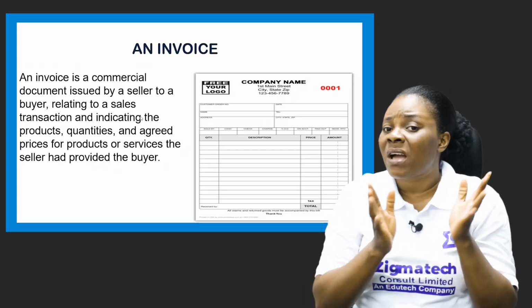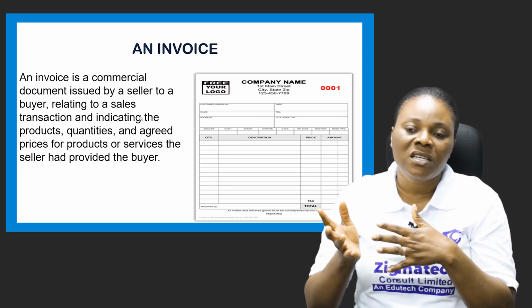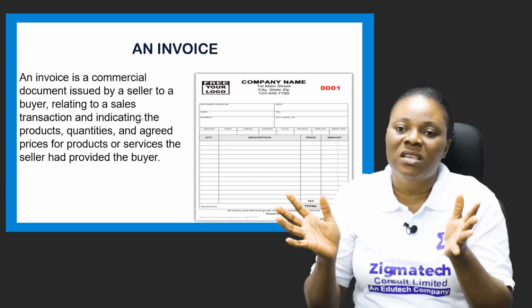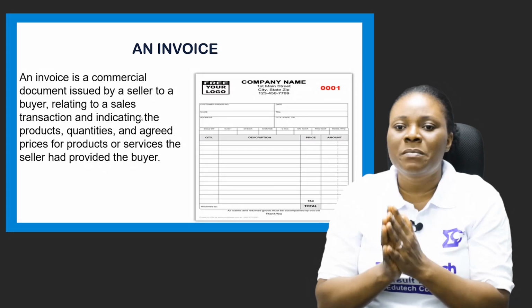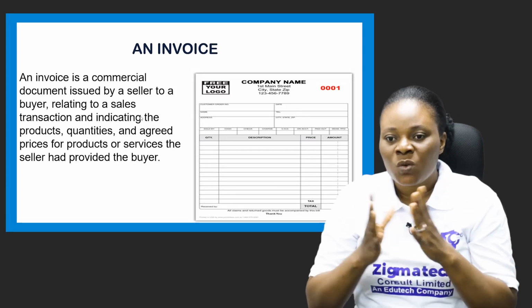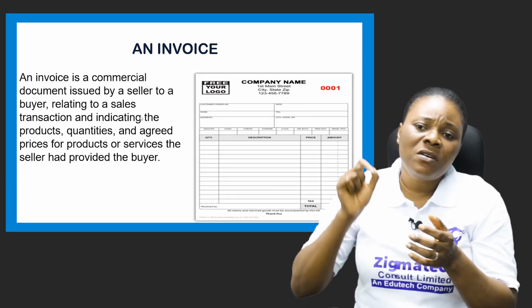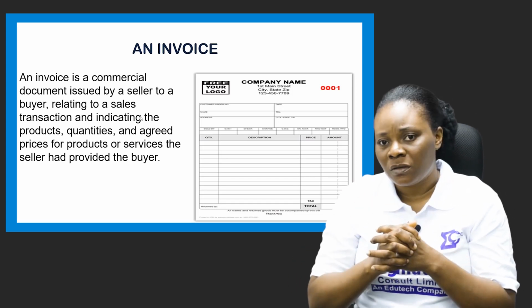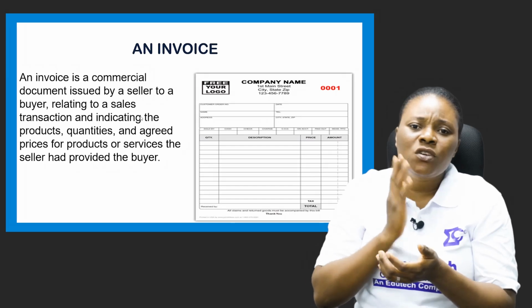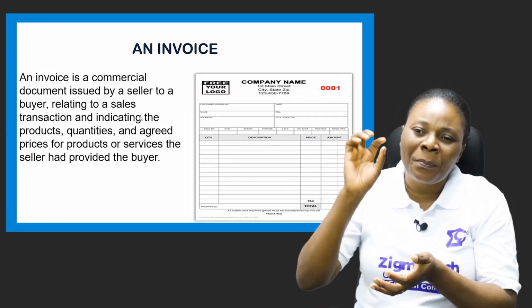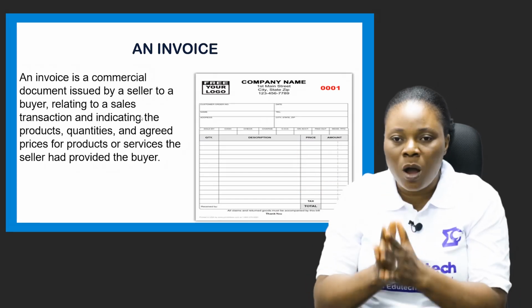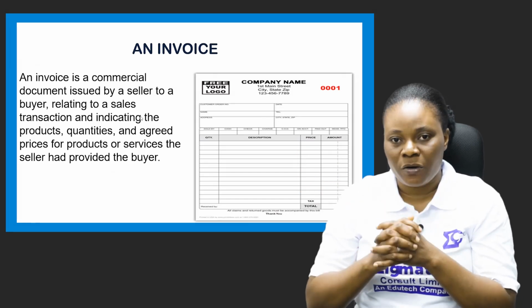Remember I said we have cash transactions and credit transactions. Be it cash transactions or credit transactions, an invoice is meant to be issued. What do I mean by this? Even if the buyer has not paid for the product, so far as you, the seller, have supplied goods to the buyer, the goods must be accompanied with an invoice.